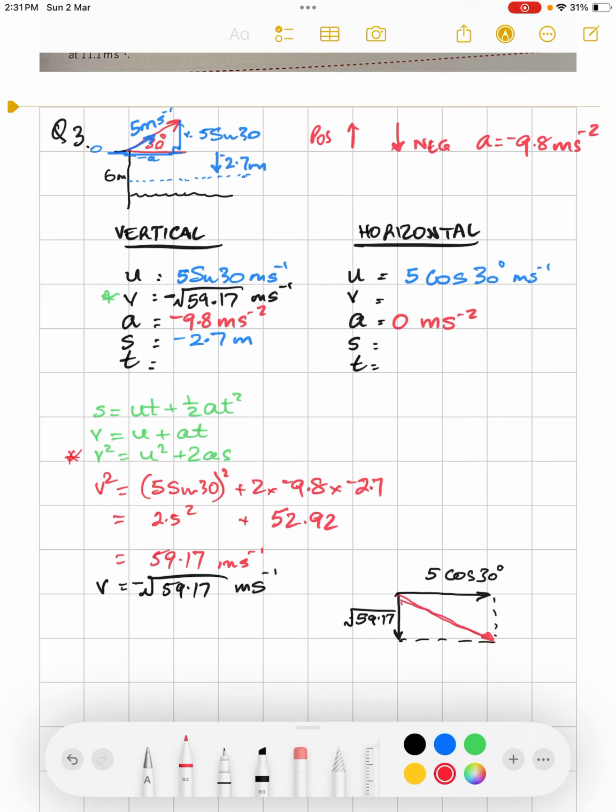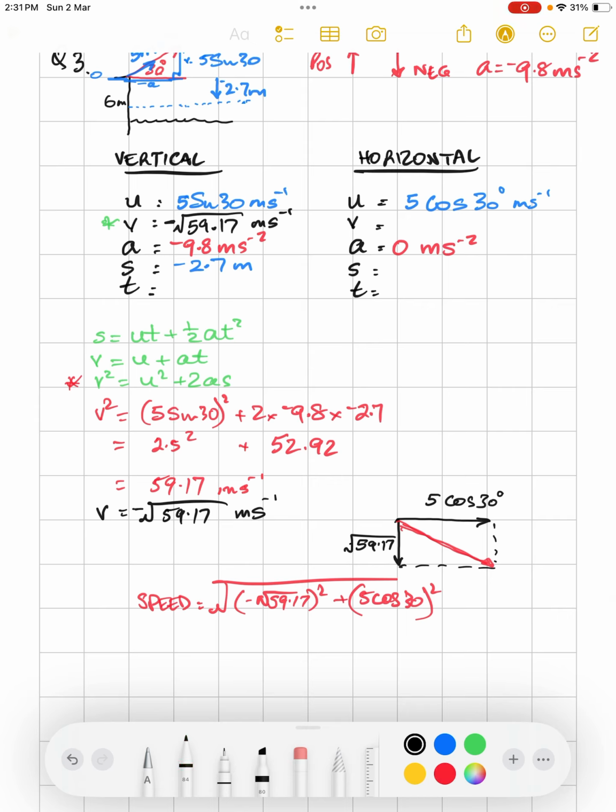So our speed is the square root of the vertical, 59.17 squared, plus 5 cos 30 squared, and get the square root.